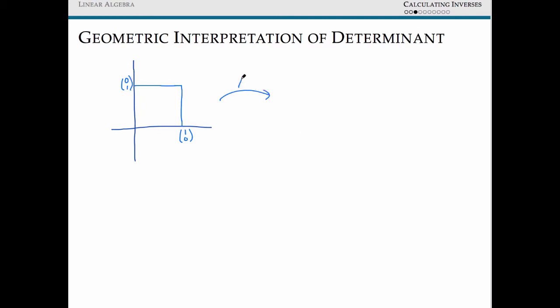If our matrix A has column vectors A1 and A2, it'll send our unit vectors to their images over here. It'll send 1, 0 out to A of 1, 0, which is exactly our first column vector, and it'll send the image of the vector 0, 1 out to the vector A2.